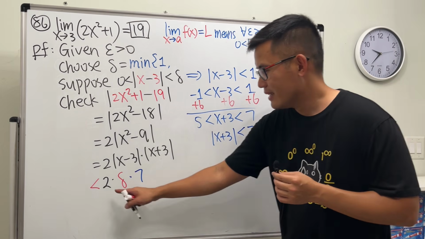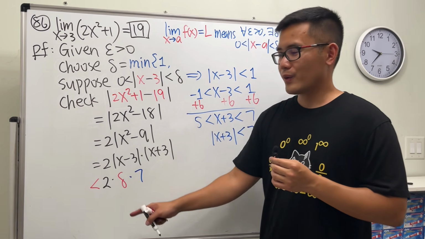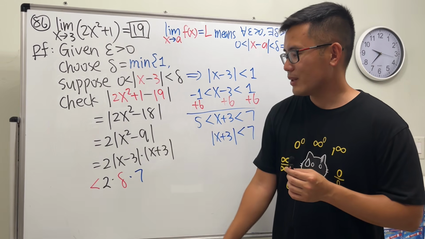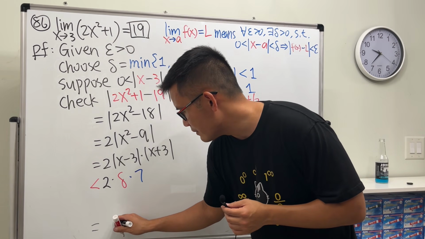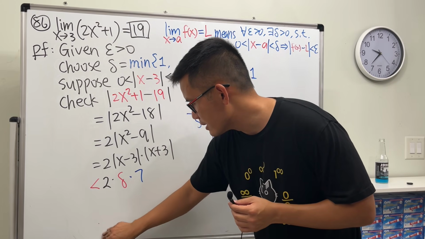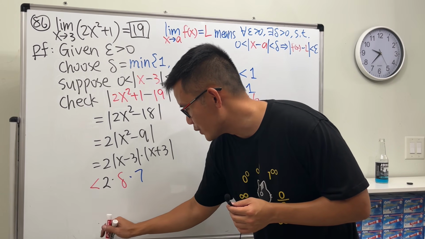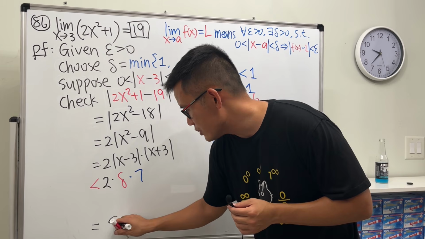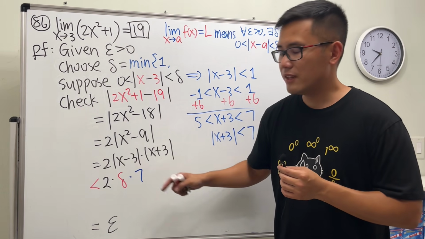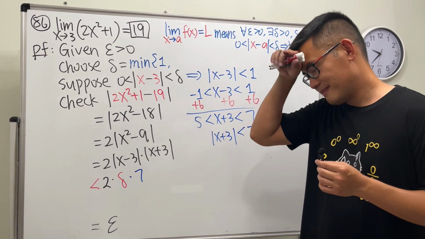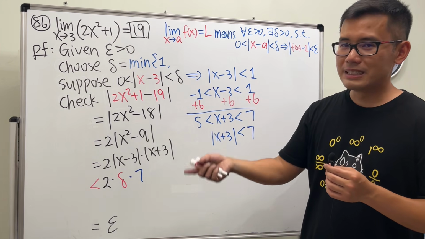Yay, seriously. Okay, now question. What should delta be though? Because again, at the very end, we want to have this to be just epsilon. So what should delta be? 2 times 7 is 14.